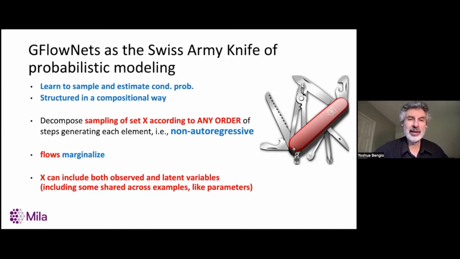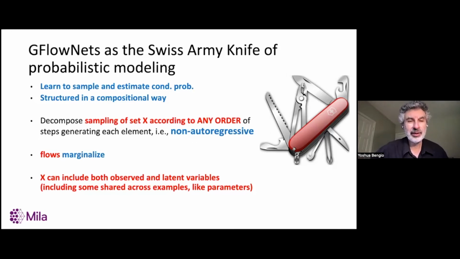There are also some nice properties of GFlowNets that I don't think you find in other generative approaches. They can compute marginalized quantities. So in terms of probability theory, that means you can calculate or estimate probabilities over subsets of variables if you want, summing over a large number of configurations while keeping other things fixed.